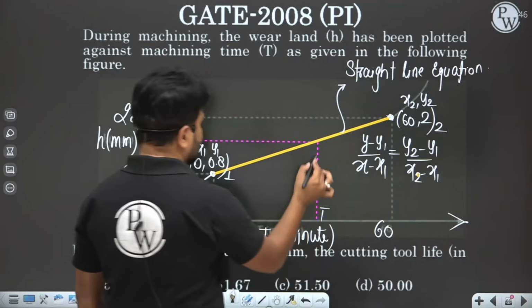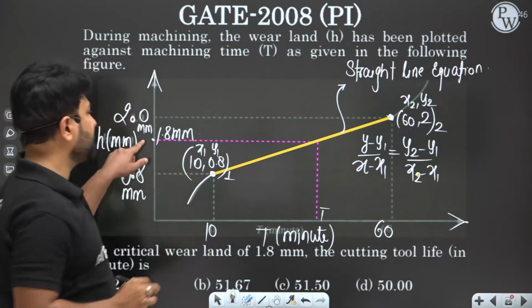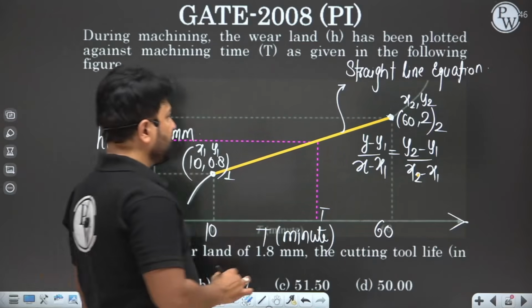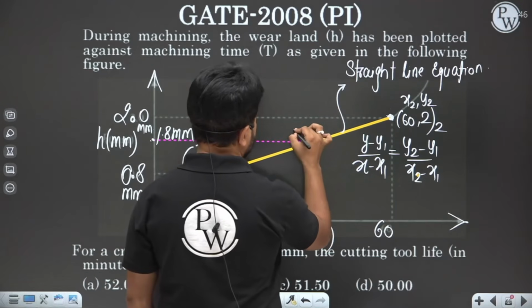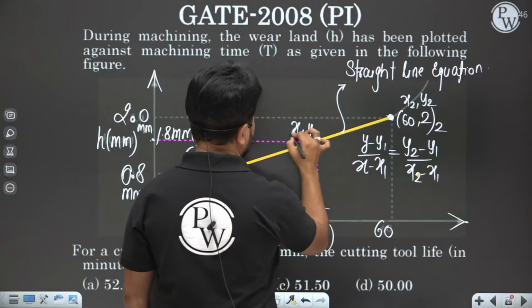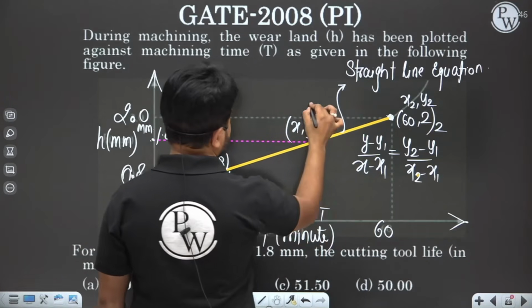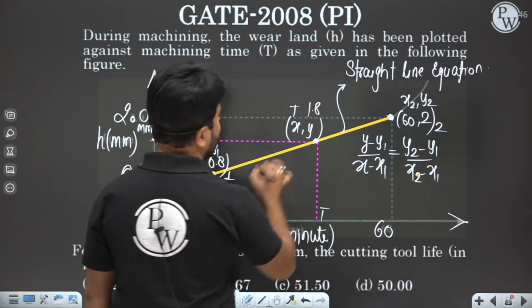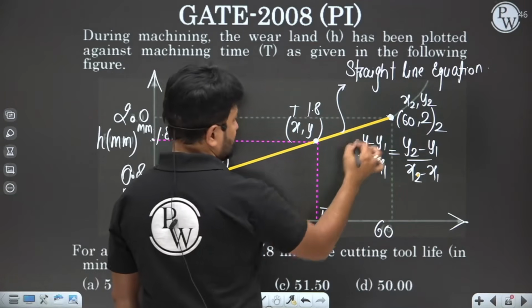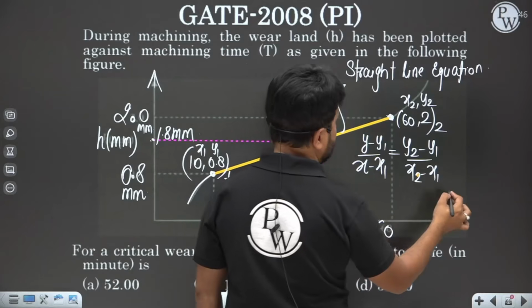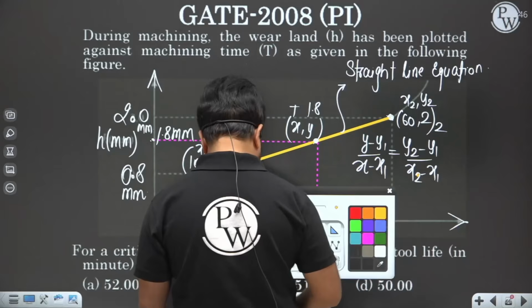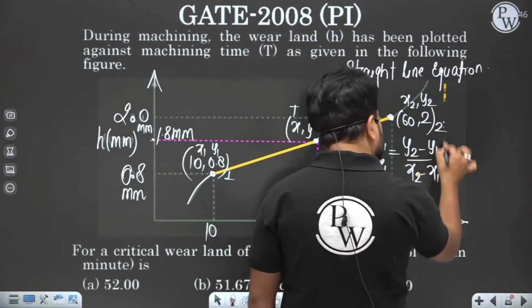So y is what, my dear? Here y, in general, y is what? 1.8. This is what? X comma y, right? X comma y. So y, here y is 1.8, and this is what? T, right? So write down here or you can solve on the other slide, on the other page. I will try to solve here.